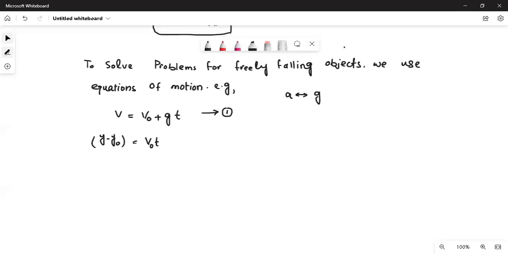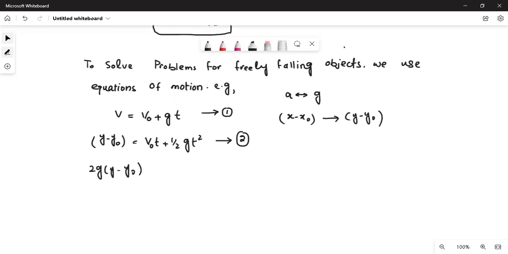The equations of motion had a car moving right, left, forward, backward, but now it is up and down, so that's why we use y. Same thing, only I changed a to g and x minus x naught to y minus y naught. Third equation: 2g(y minus y naught) equals v squared minus v naught squared.